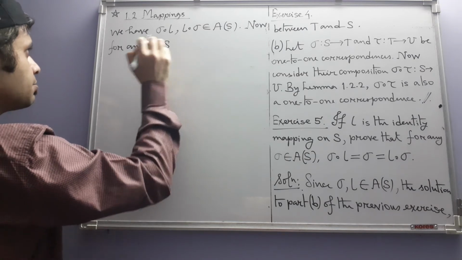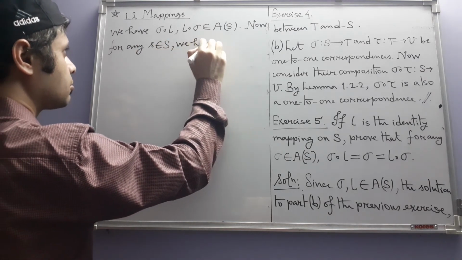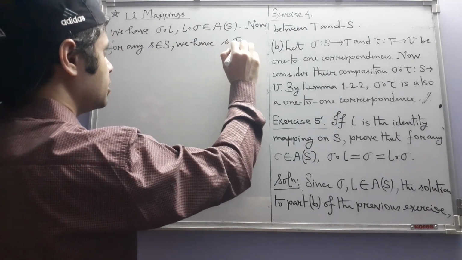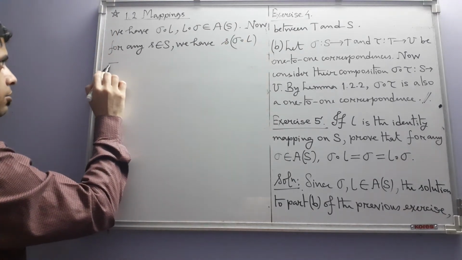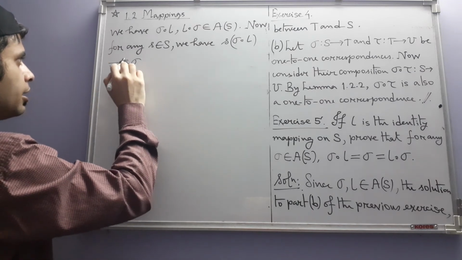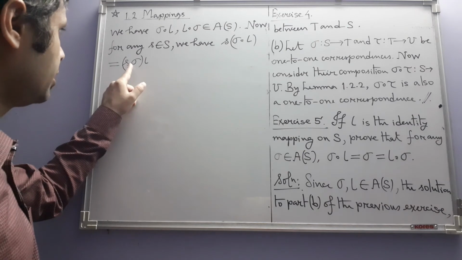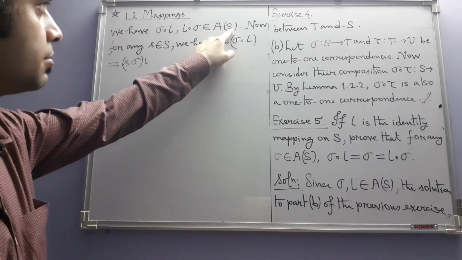For any s belonging to S, we have s sigma composition iota is equal to what? By the definition of composition, s sigma iota. Now note that s sigma is again an element in S. Why?